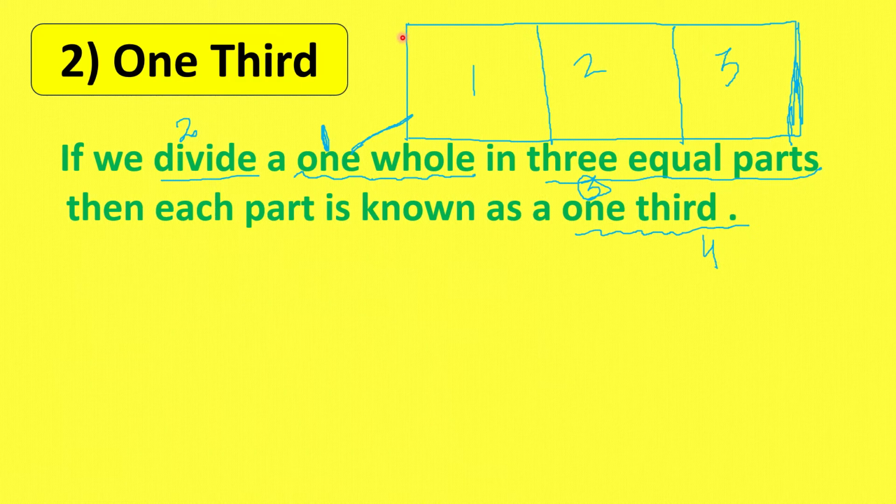That's why we take an image and divide or cut it into three equal sections. First section, second section, and third section, and each box has the same shape and size. That's why we call it a one third. Definitely you got all the points from here.